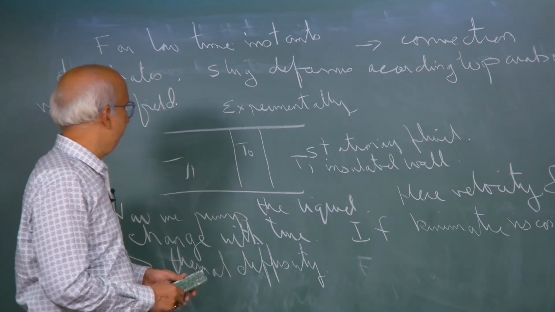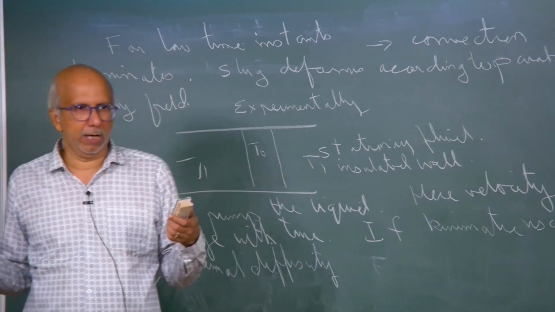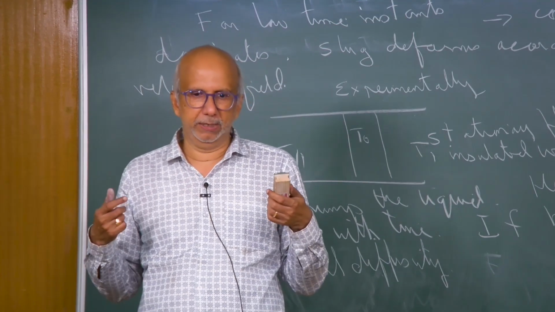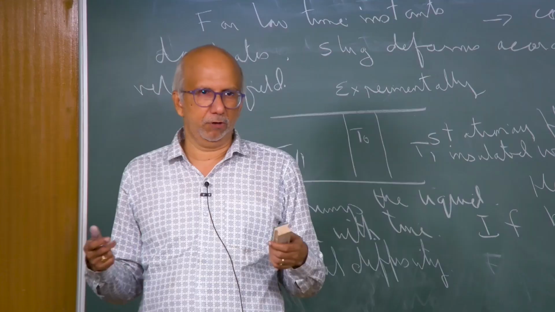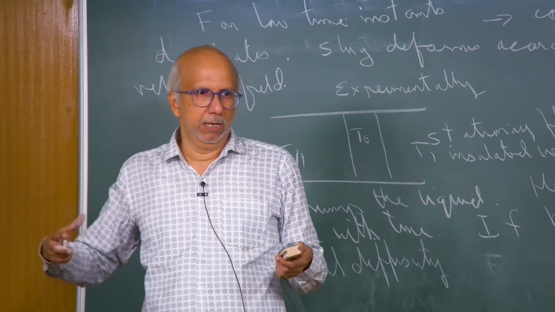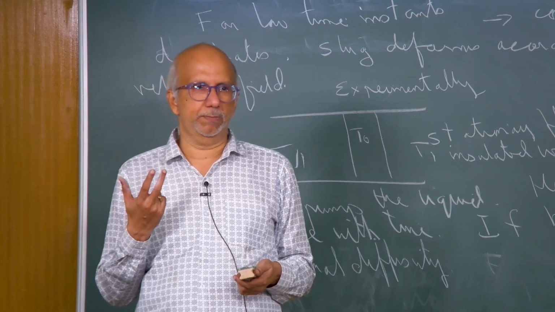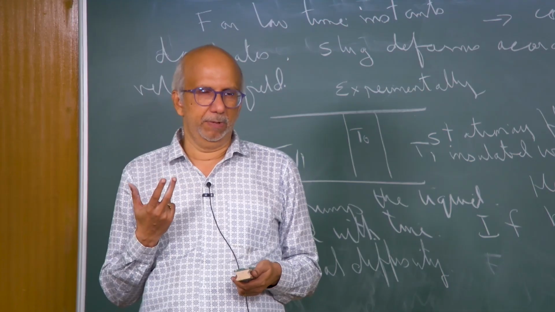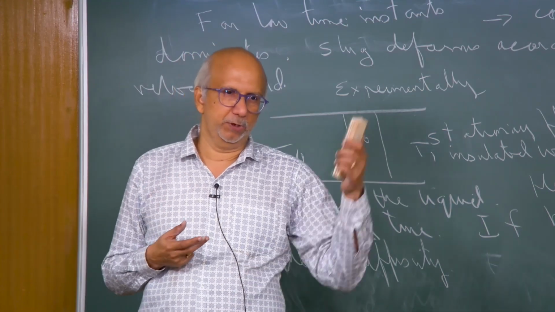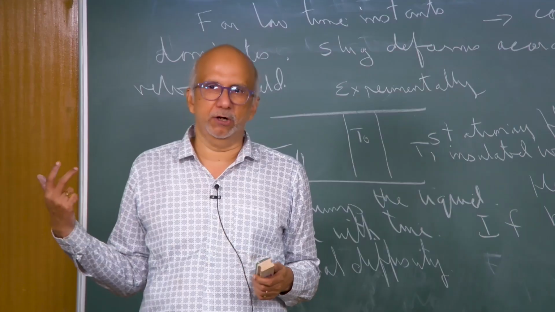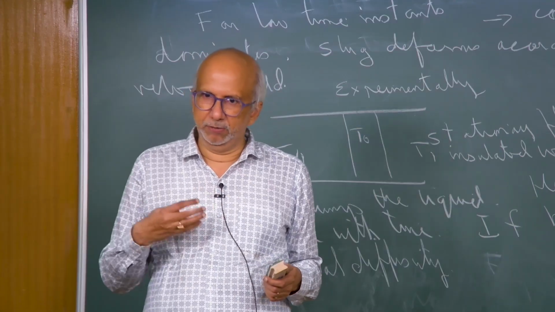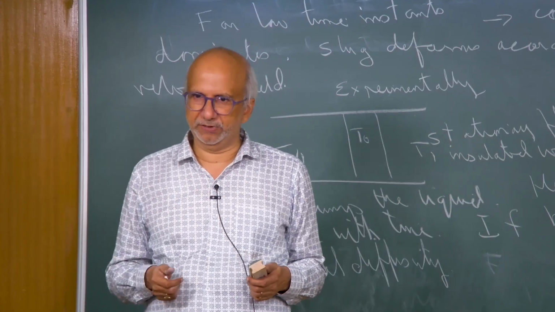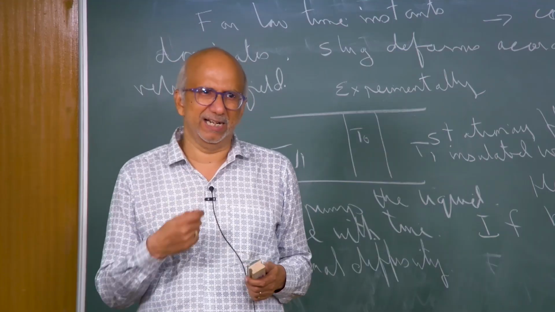Okay. So, although I have both velocity and temperature starting from uniform values, the velocity is going to go to a parabolic field much faster, let us say a millisecond, and the heat transfer is going to take, let us say, 1 hour. So, the assumption of a parabolic velocity field for doing the analysis of the problem can be justified. I do not have to worry about that initial transient.